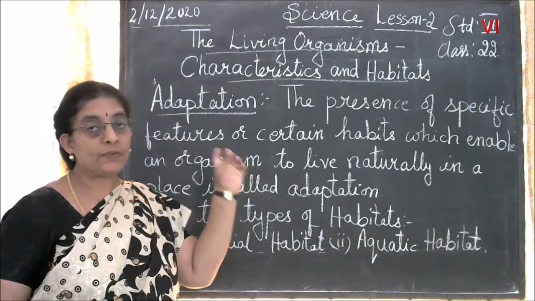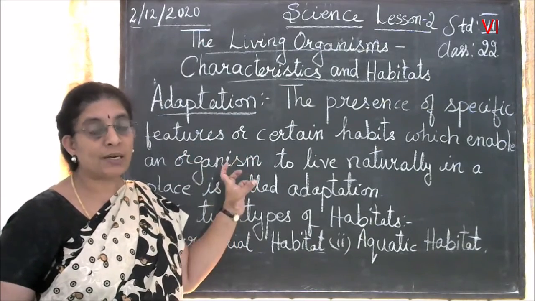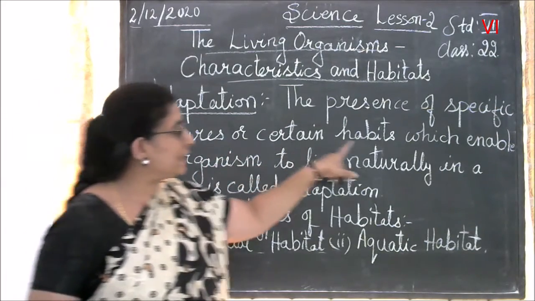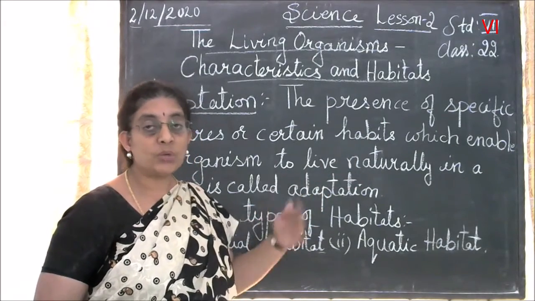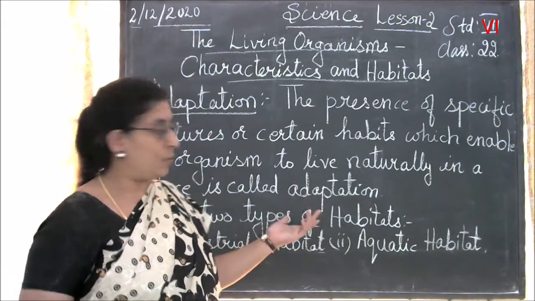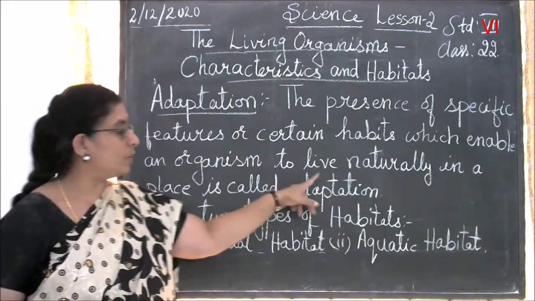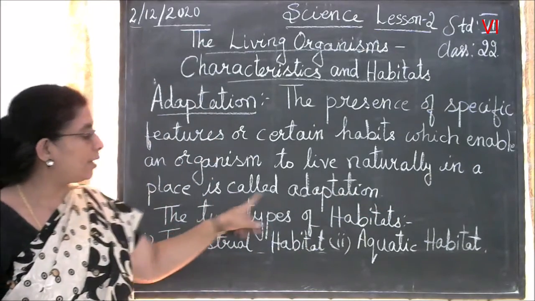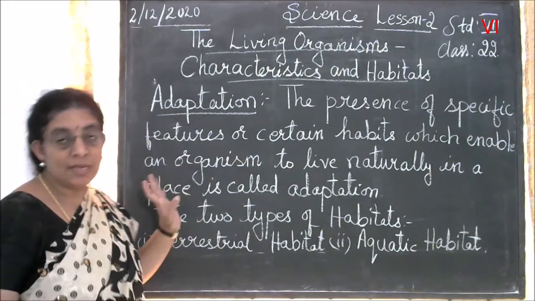A certain feature which is a must and which animals or plants have naturally, or certain habits. Habits means what? The way they are already used to living, which enable an organism to live naturally in a place is called adaptation. Okay, so this is the meaning of adaptation.